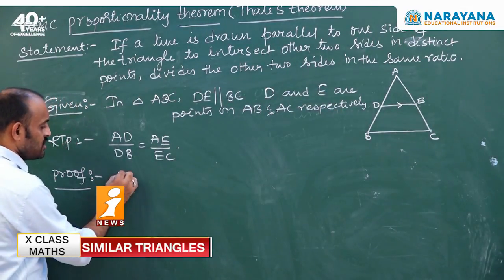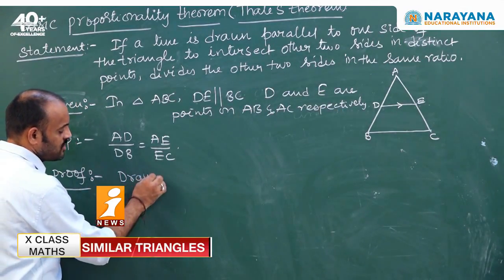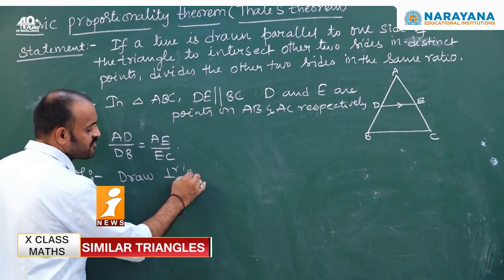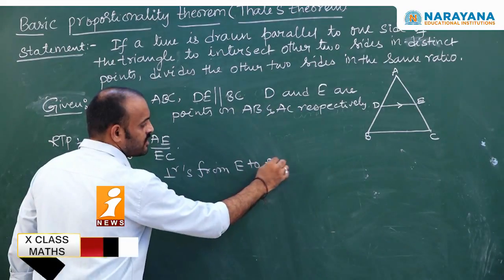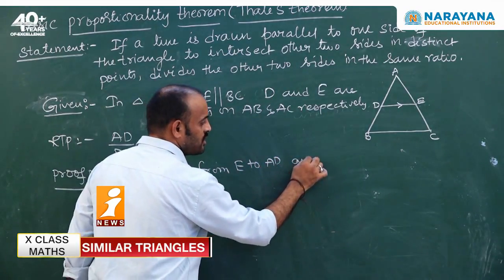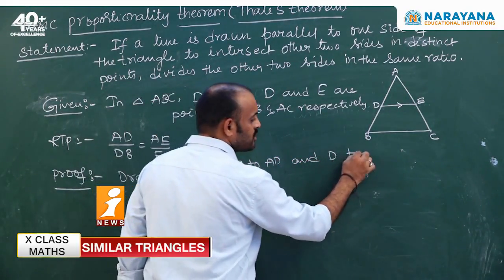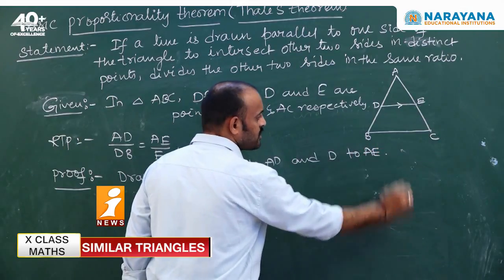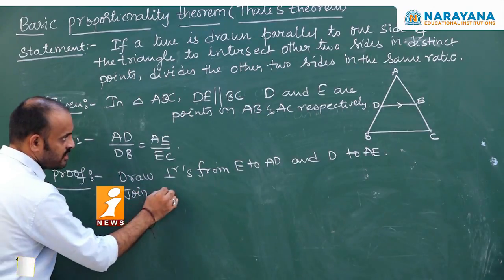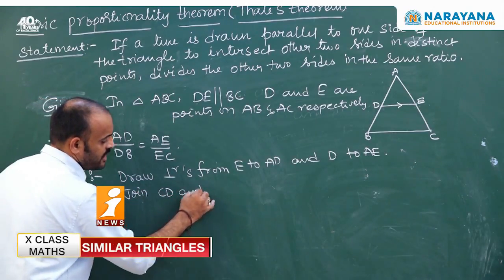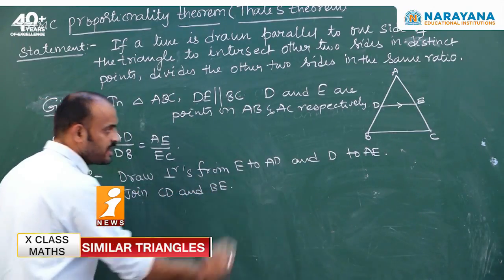First, draw perpendiculars from E to AD and D to AE. Join CD and BE.